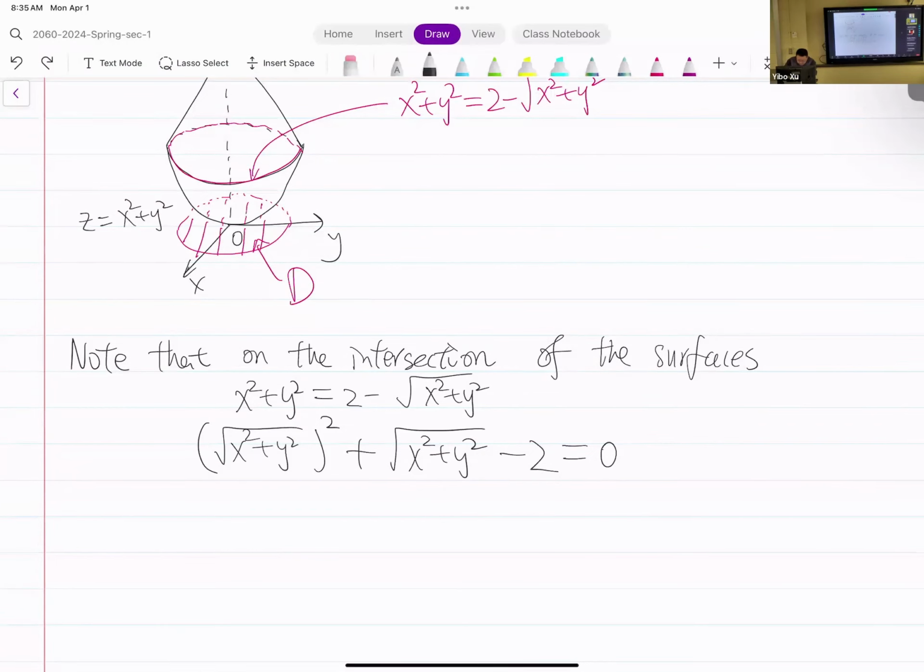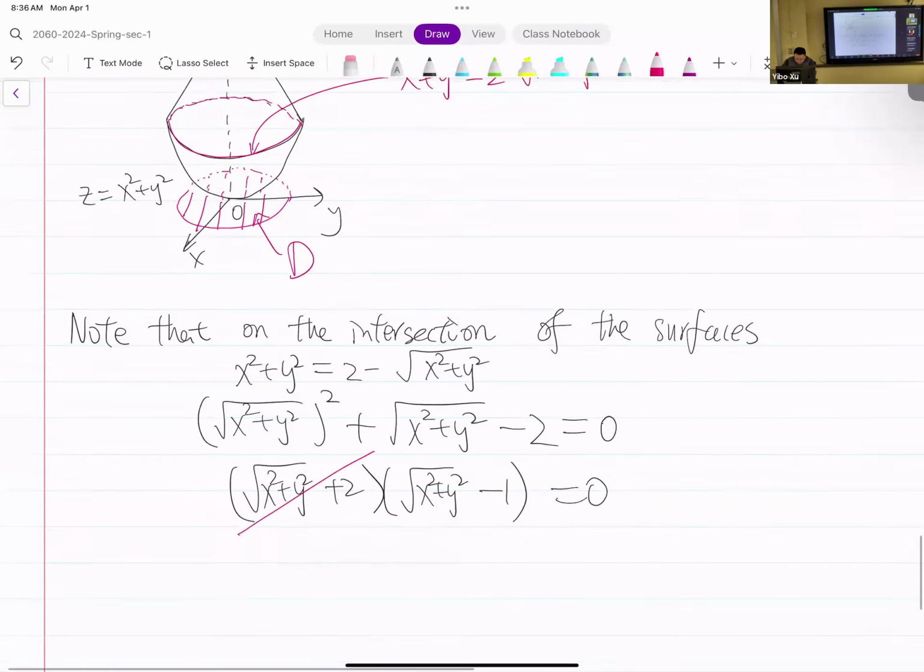And then here you can do some factorization. We just omit the details, that's something you are probably very familiar with. If you factor, you will have A plus 2 times A minus 1, right? Of course, this one will not really help you because this part is always positive.